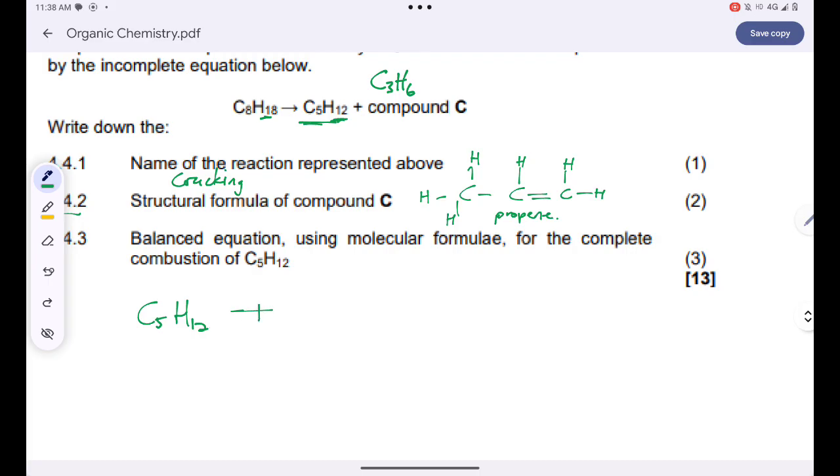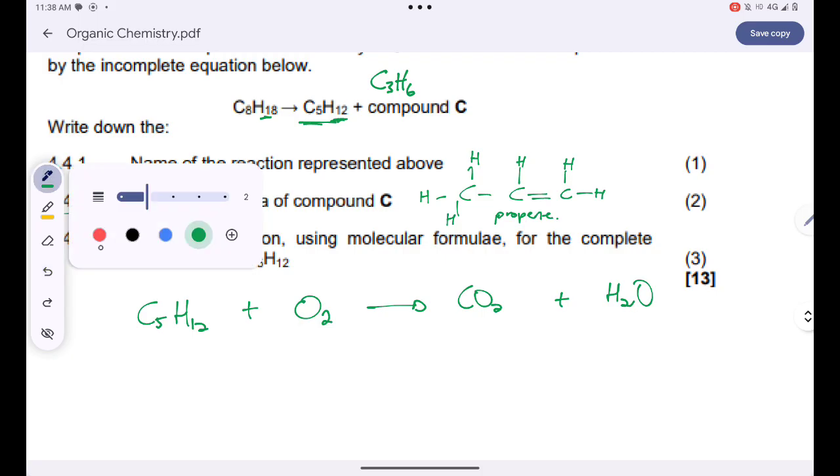We are basically oxidizing this alkane, and for complete combustion we will forever form carbon dioxide and water. By just getting these correct, guys, by just writing this over here, you already have 2 marks. By writing this and adding oxygen over there, you already have 2 marks out of 3. The other mark will be from balancing the equation.